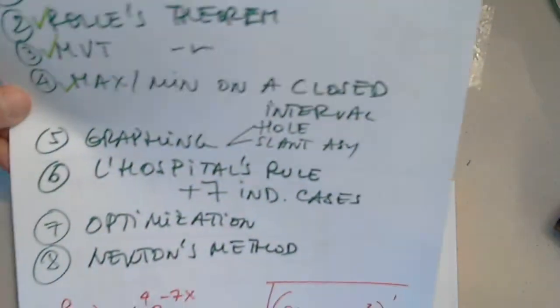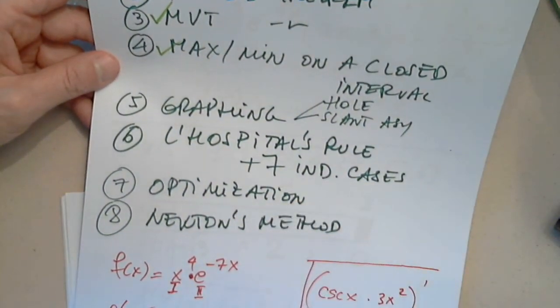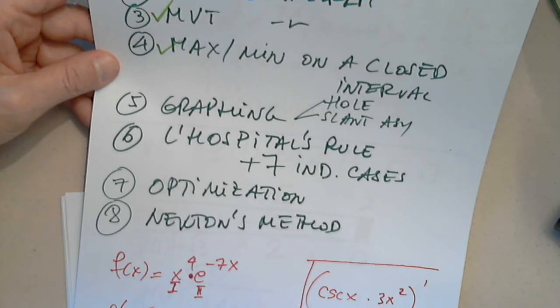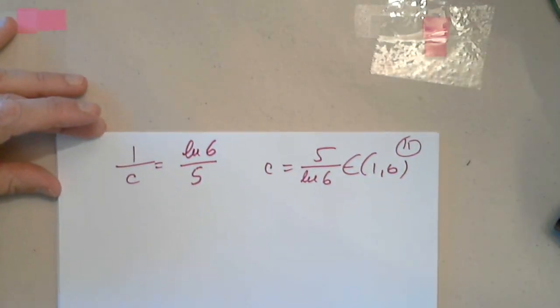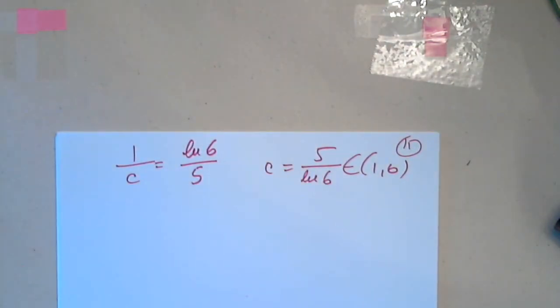Yes, optimization and Newton's method. Okay, very good. So let's jump to 4.7. Unless anyone else has something else to do. Okay, you want me to choose?